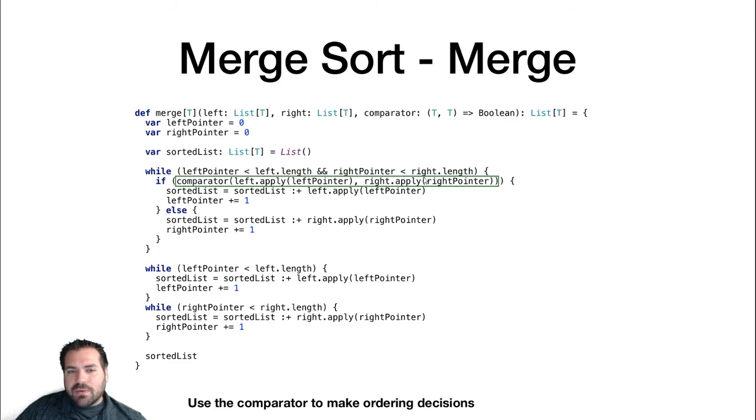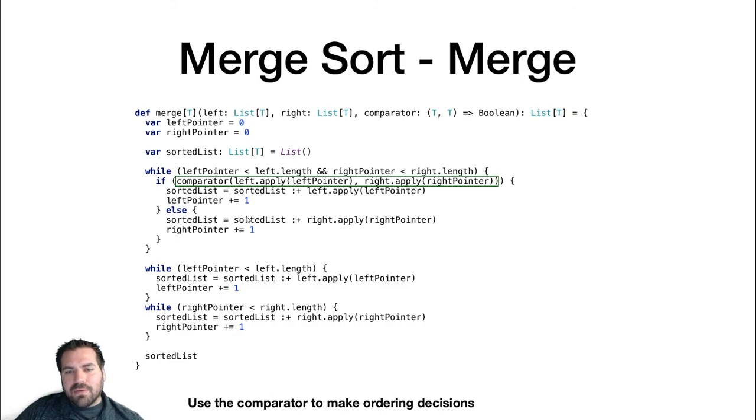So while we haven't reached the end of one of these lists, use our comparator, which again, we don't care what we're sorting or how we're sorting it. We're just going to call this comparator, this first order function, and check each element that we're pointing to, and if the left comes before the right, we're going to append that value to the end of our sorted list and increment our left pointer by 1.